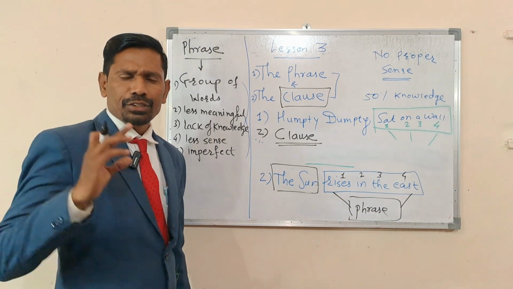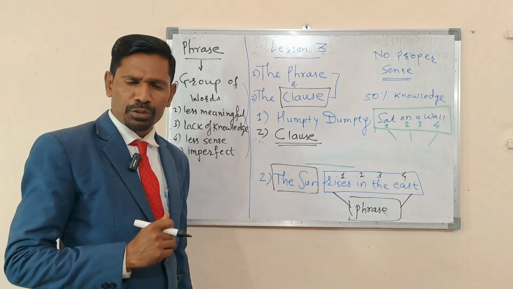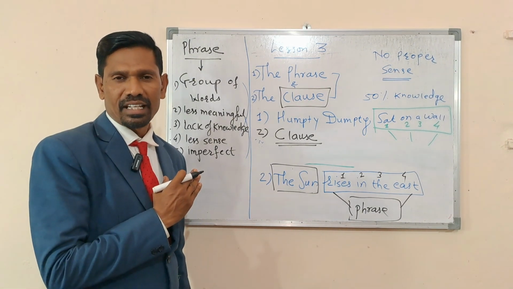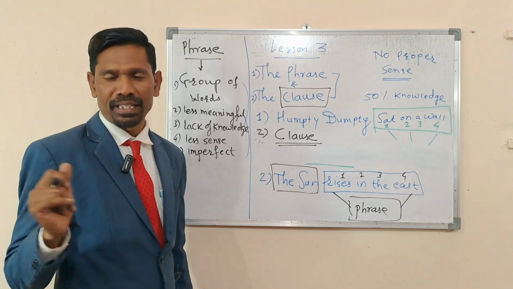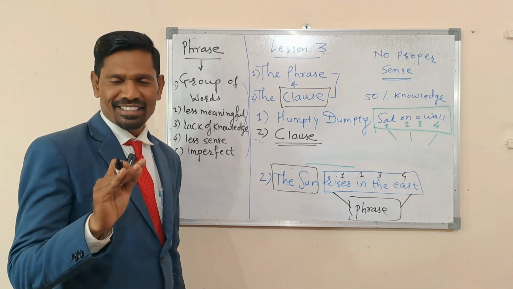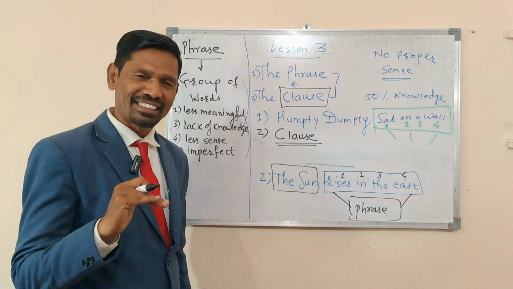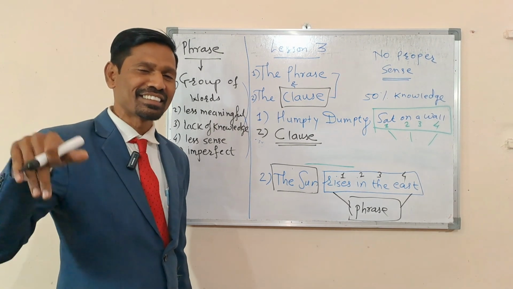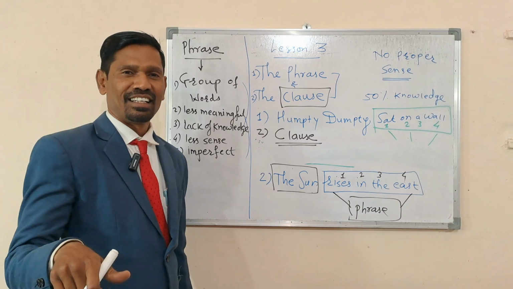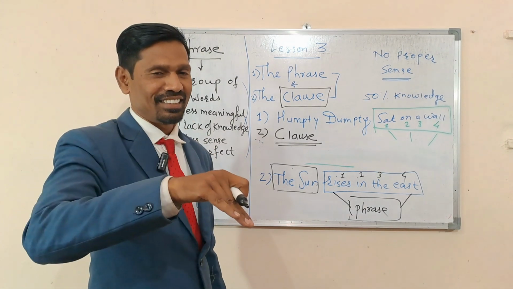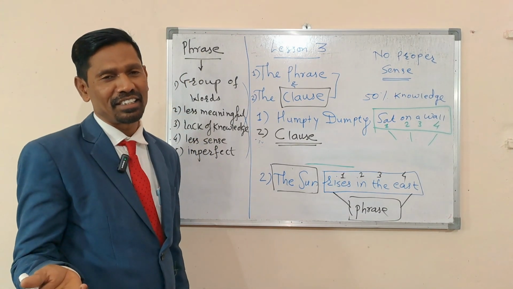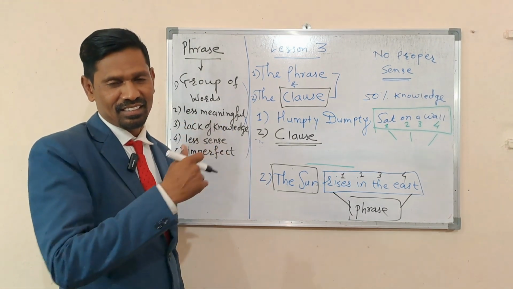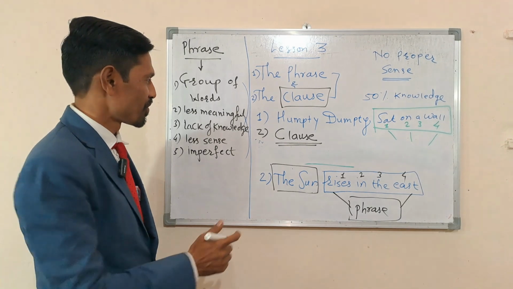Clause, you remember lesson number 2. In lesson number 2, I explained subject and predicate. Subject is that, and the information given in the predicate is related with the subject. What is predicate? The more information related with the subject, that's a predicate.